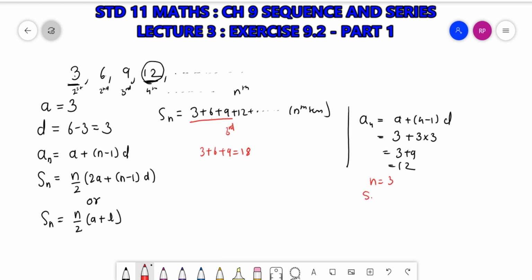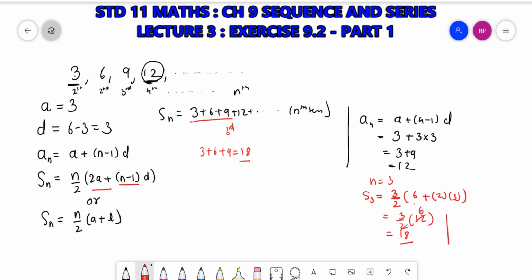S3 will be equal to 3 by 2 into 2 into a, what is a? 3. So 2 into 3, 6, plus n minus 1, so 3 minus 1 is 2, and the difference is 3. So this is 3 by 2 into 6 plus 6, that is 12. 2 ones are 2, 2 sixes are 12, so 6 threes are 18. That is our answer.